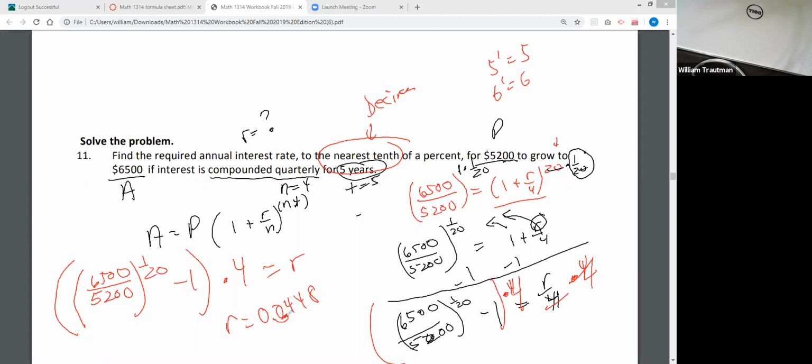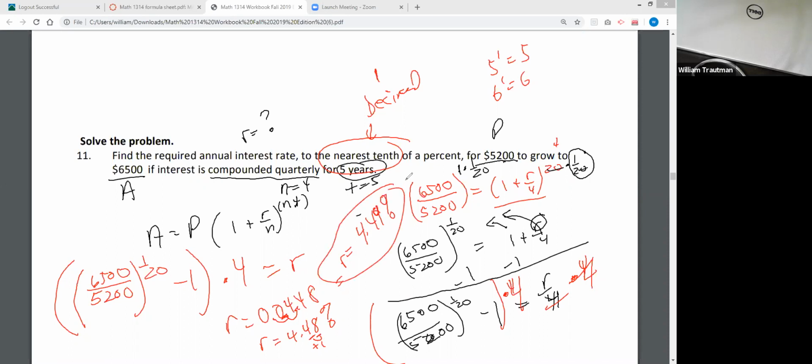To find a percent, you multiply by 100. So R equals 4.48%. But it says to the nearest tenth. That means 1 decimal place. Look to the right. You have to add 1. So my R equals 4.49%.